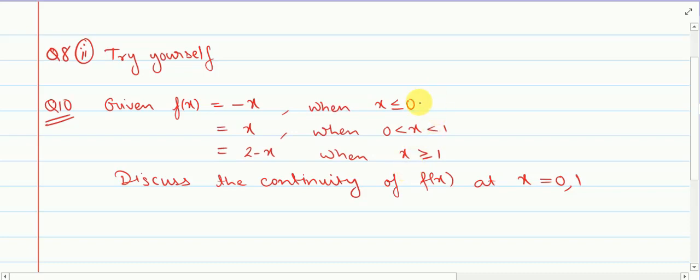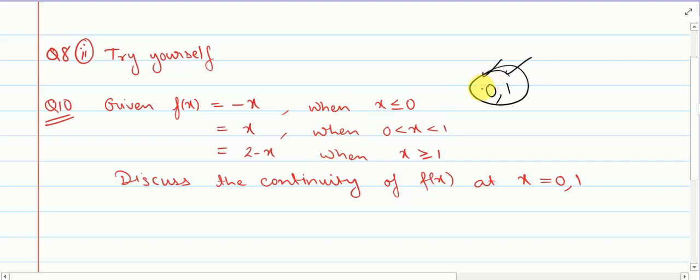So here you can see that function will have different values depending on x, and here this x is depending on what actually? One is 0 and one is 1. Okay, so we have to check continuity on 0 and 1 only, because these are the 2 points for which this function has been defined this way.